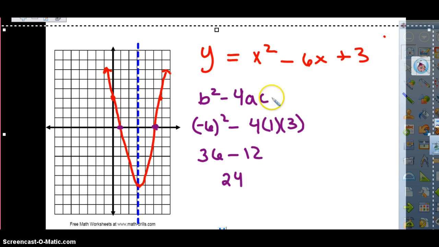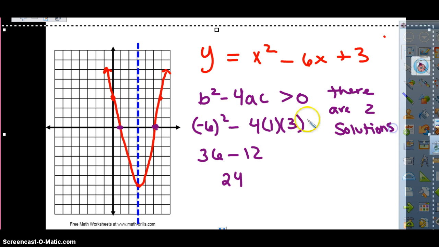When the discriminant is greater than 0, there are two solutions, as we can see here in this graph.